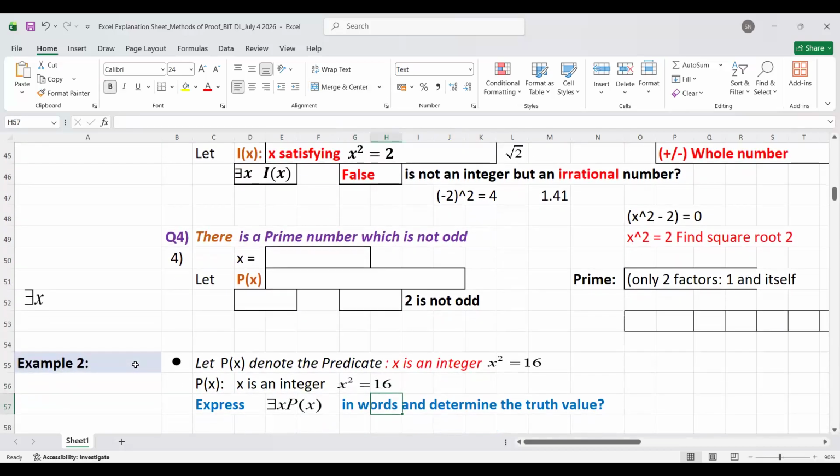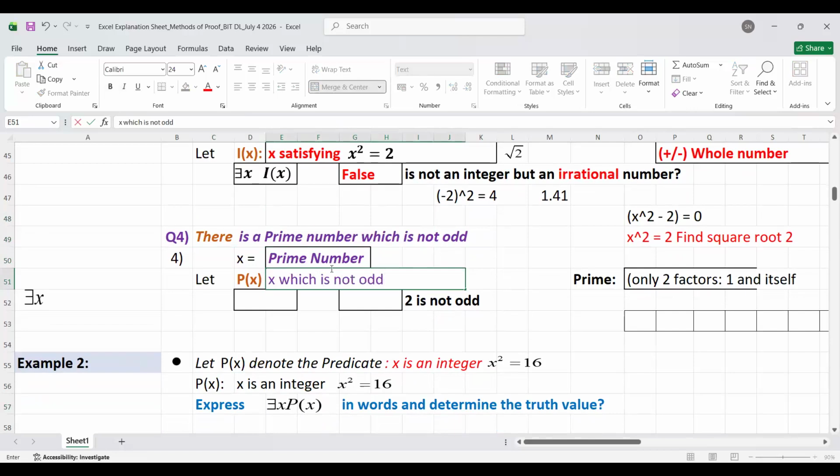Now let's look at the fourth example. There is a prime number which is not odd. And then you correctly identify the variable as prime number. So we are going to replace prime number with x, and the whole statement from prime number to the end will be written as x, which is not odd.